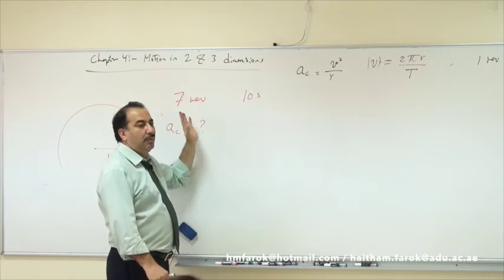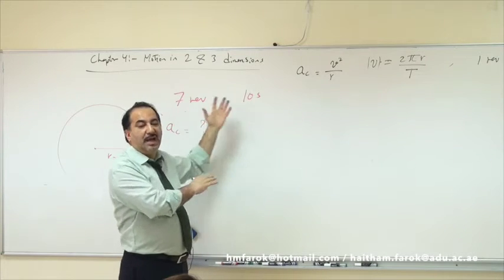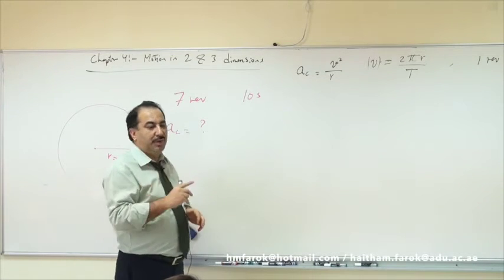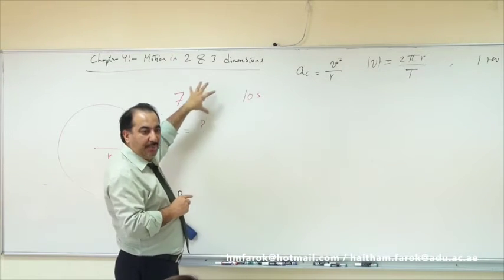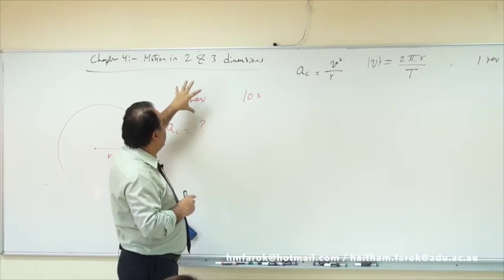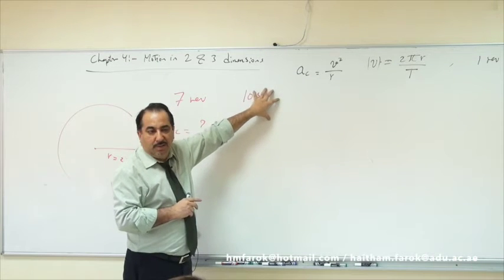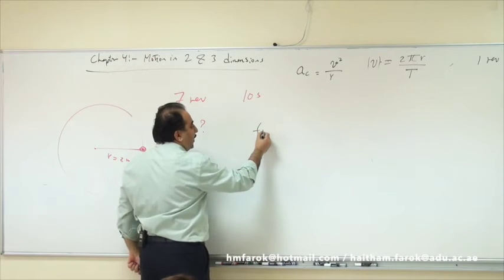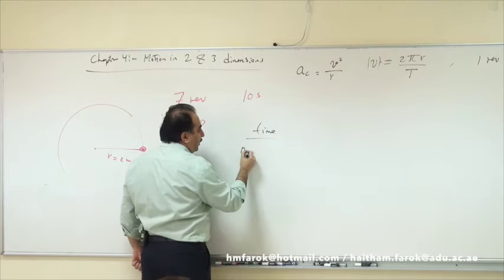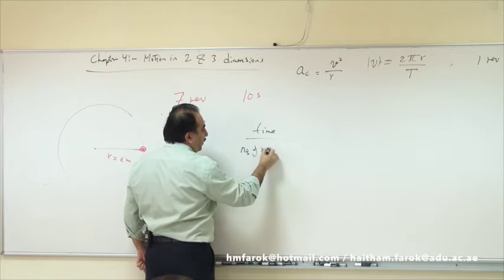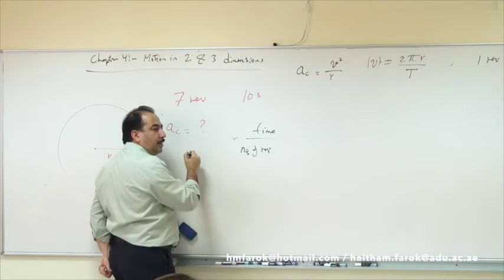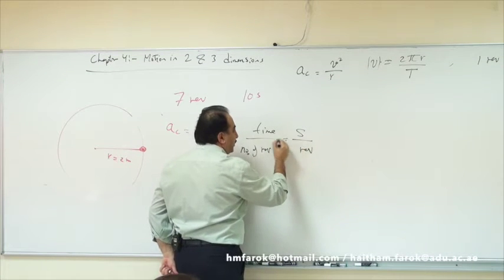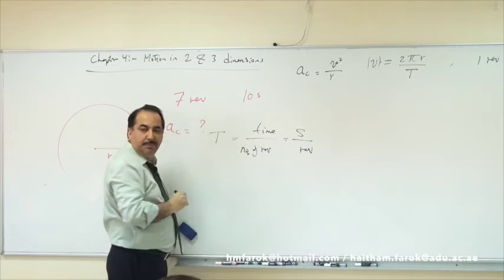What is given here? Whenever you have number of revolutions and time, do a ratio. Now your ratio is two ways. Either you put time over number of revolutions, or you put number of revolutions over time. The first one is useful. When you divide time over number of revolutions, you find seconds per revolution, which means the period.